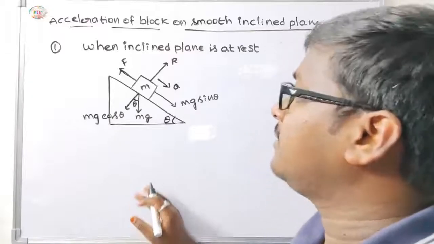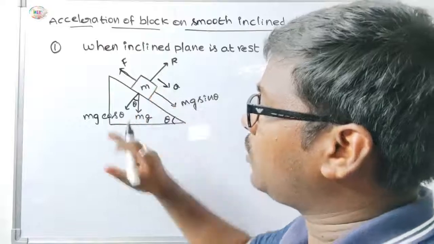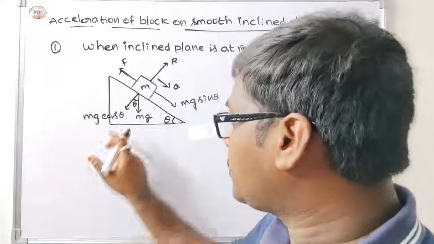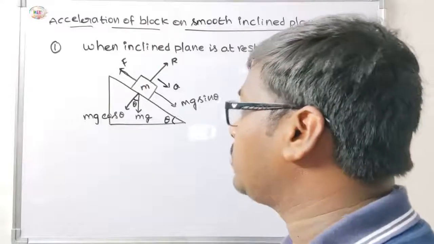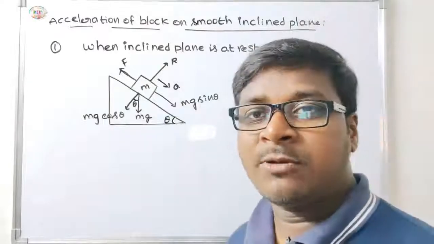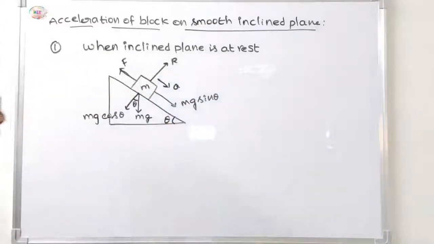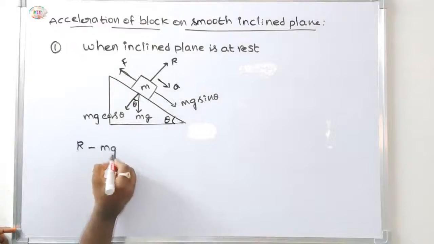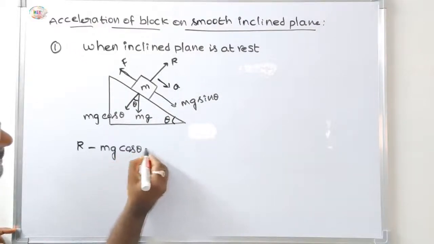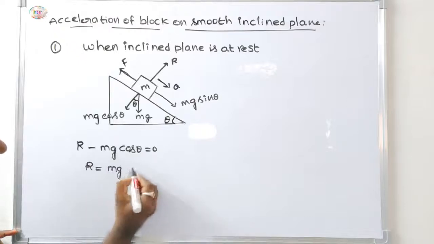The normal reaction R and mg cos theta act in opposite directions, so R minus mg cos theta is equal to 0. Then R is equal to mg cos theta. That is the normal reaction.